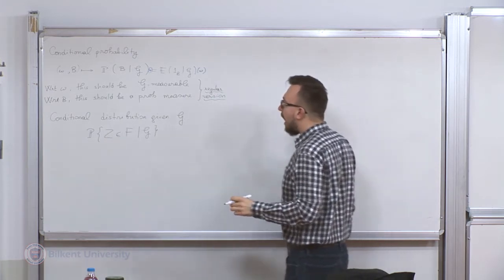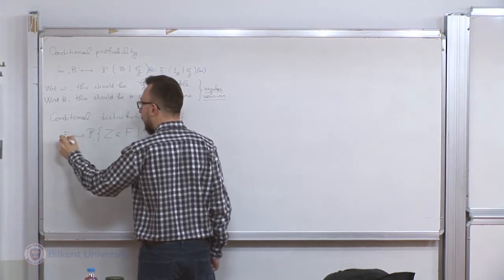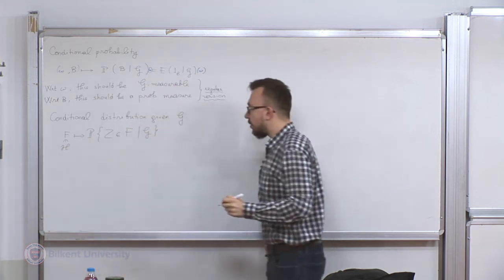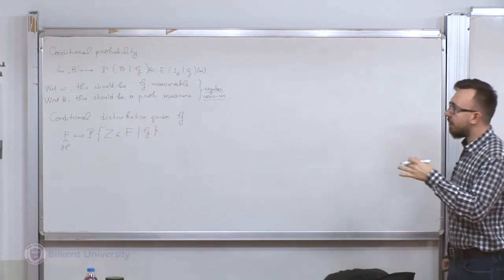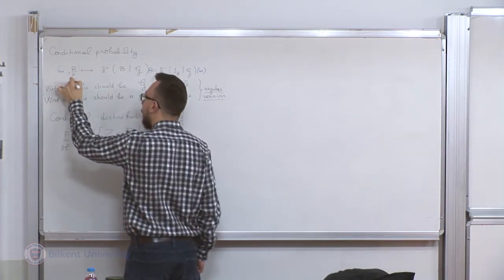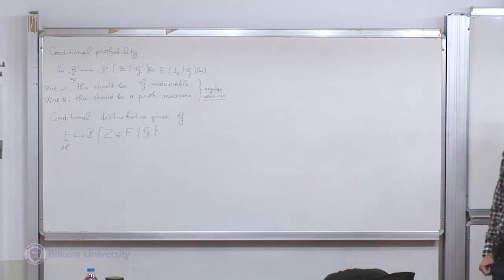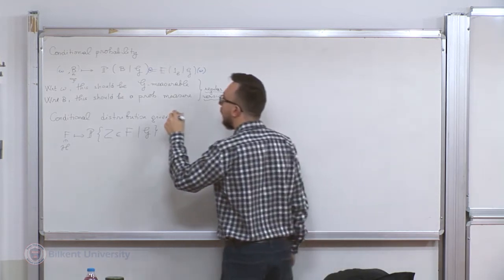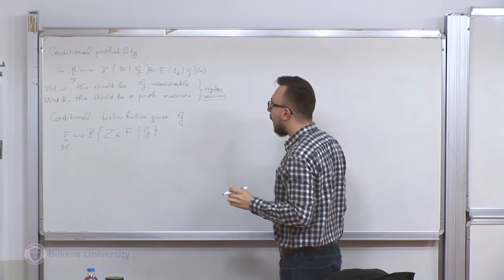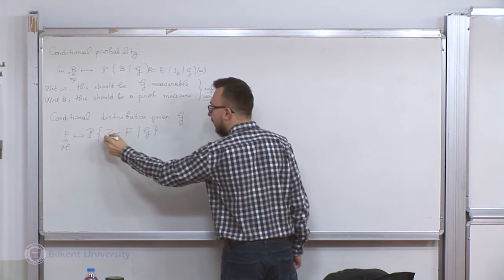Therefore, now this is a function of F, let's say coming from some abstract sigma algebra H. So now this is coming from the image space, whereas here this was coming from F, our sigma algebra on the probability space. So here this is the image space of Z. But again, we can just look at this as an event, right?